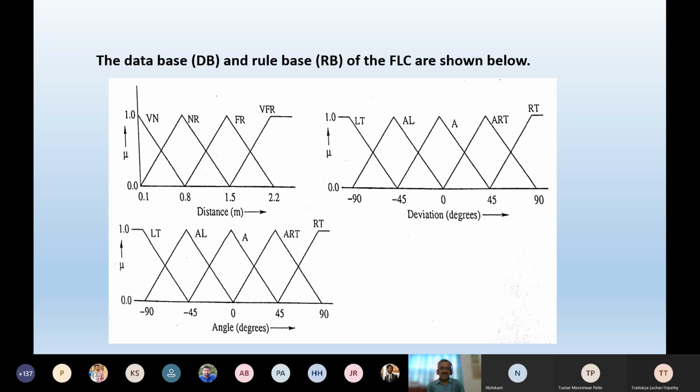Because if you just calculate numerically, you'll find the mu value here plus the mu value here will become exactly equal to 1.0. All of you please check it. So let me repeat, this 30-degree angle can be called ahead right with some membership function value, and it can also be called ahead with some other membership function value.